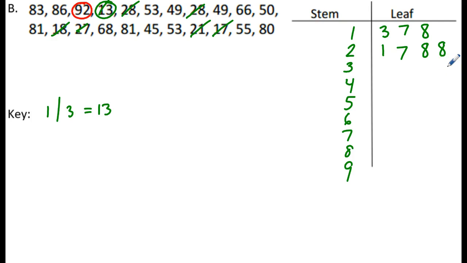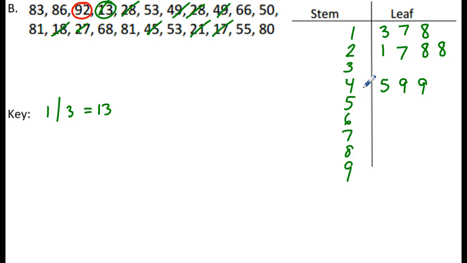Into the 40s, I have a 45, I have a 49, and another 49. So 2 9s will be put in next to the 4s.